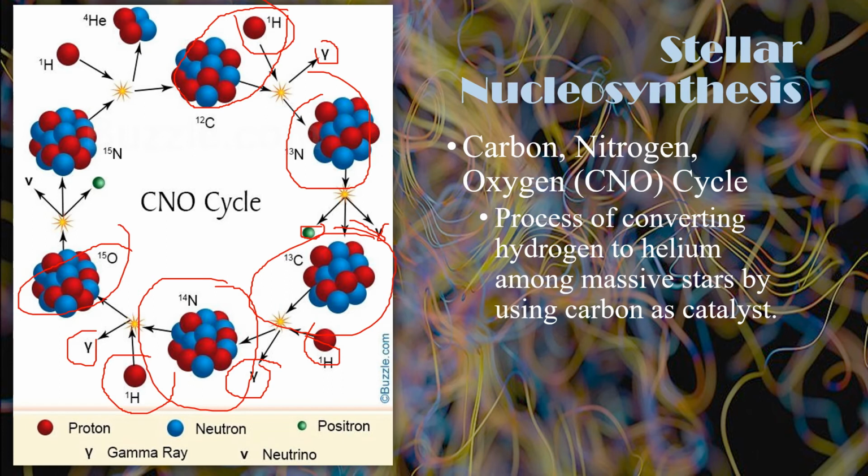After that, another nuclear reaction occurs, and another positron and neutrino and nitrogen are produced. Then nitrogen-15 is bombarded with another hydrogen to produce helium, and then back to carbon. So that is the CNO cycle.